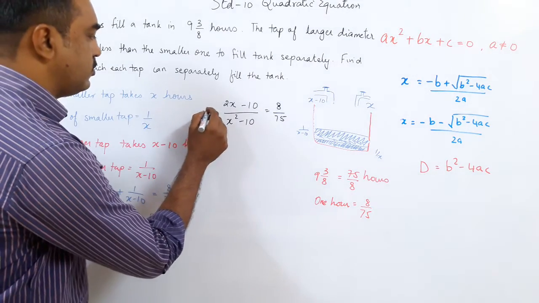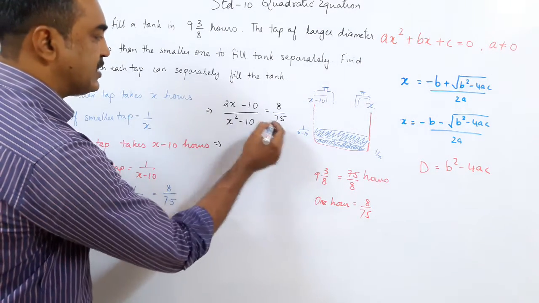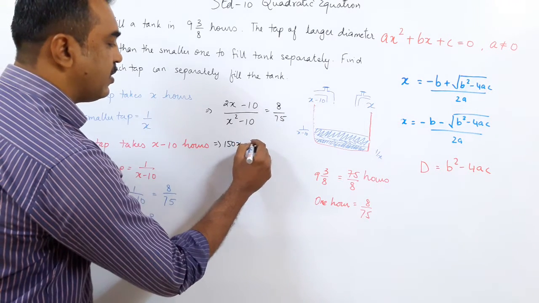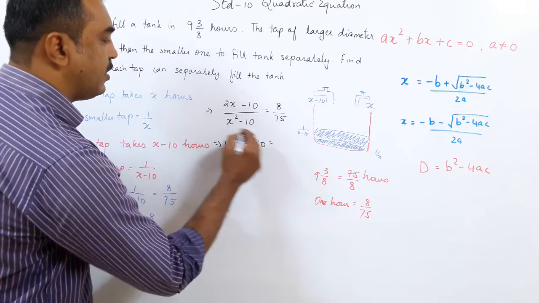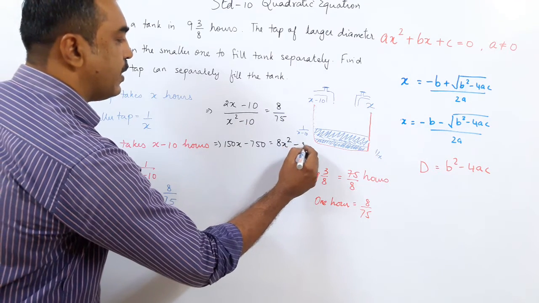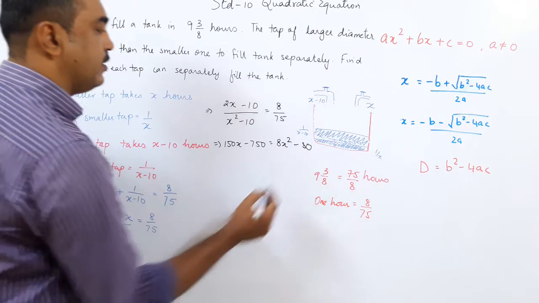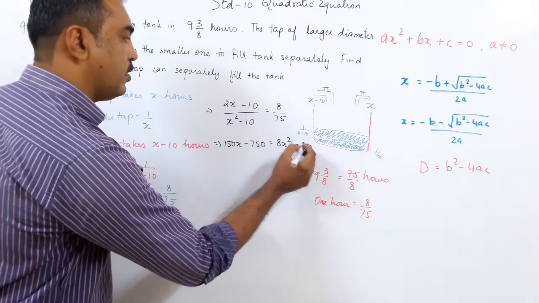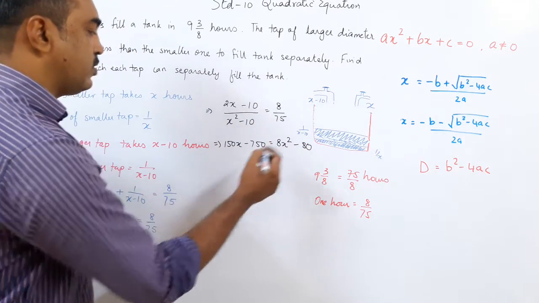So this will now give us, by multiplying, 75 twos are 150x minus 750 equal to 8x square minus 10 into 8 is minus 80x. Clear? 8 into x square, and minus 80x, so we have got this.